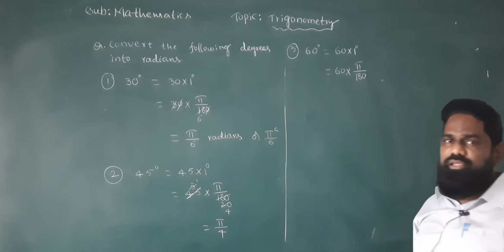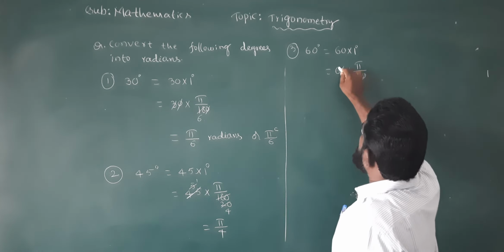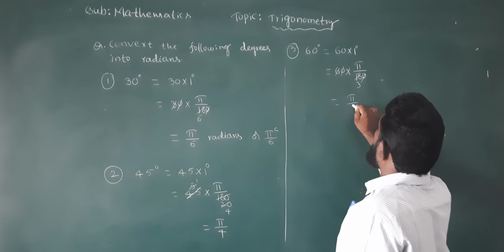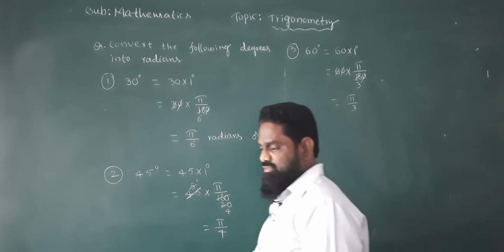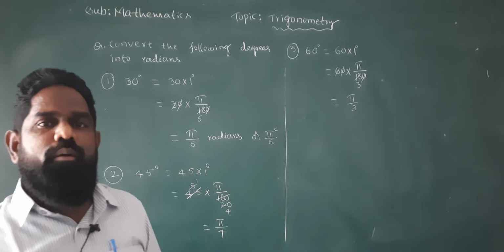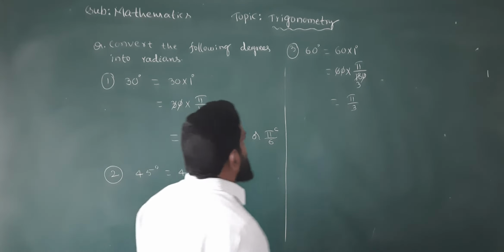Pi by 180 radians. Okay. This can be taken as 6 into 3. How many radians? Pi by 3. So 60 degrees equals how many radians? Pi by 3 radians.